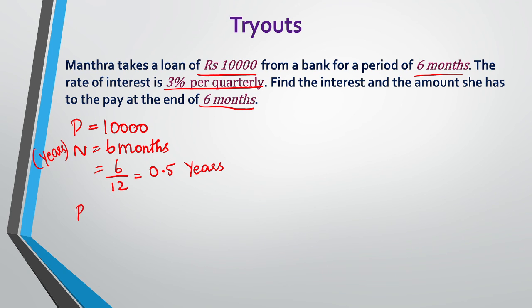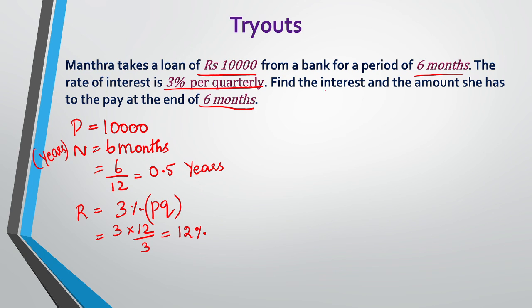And then the rate of interest is equal to 3% per quarter. Per quarter means 3 months. So for conversion, we write the given rate, which is 3, multiplied by 12, the number of months in a year, divided by 3, because per quarter is nothing but 3 months. When you solve it, you get the answer as 12%.